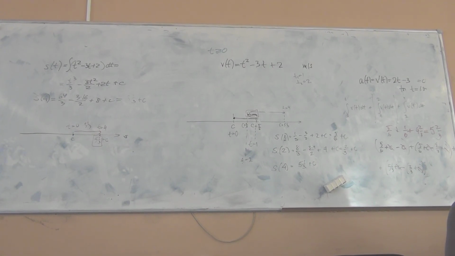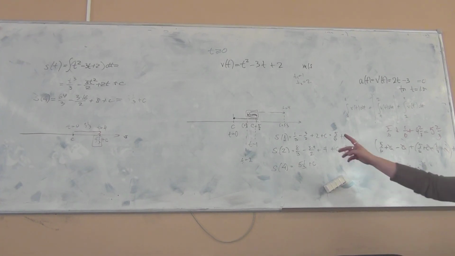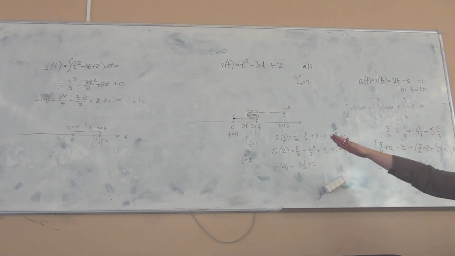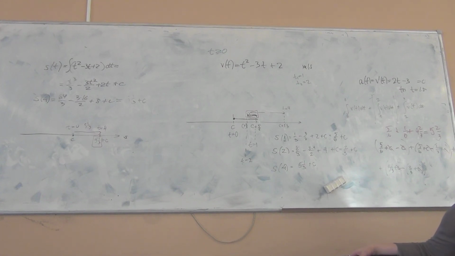To find the total distance traveled, you need to find at which time moments we have a direction change. So we need to see at which moments this particle stops before reversing the movement. So we do need to find the zeros of velocity.